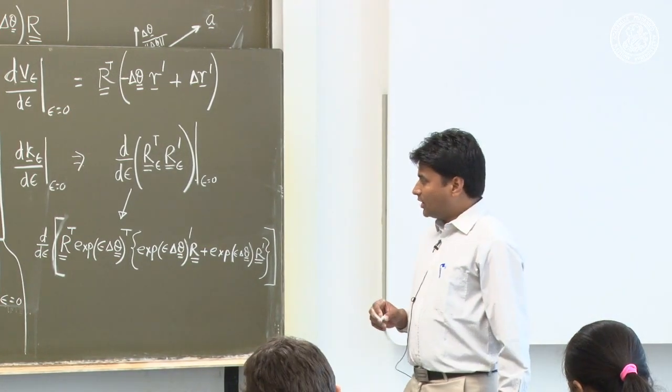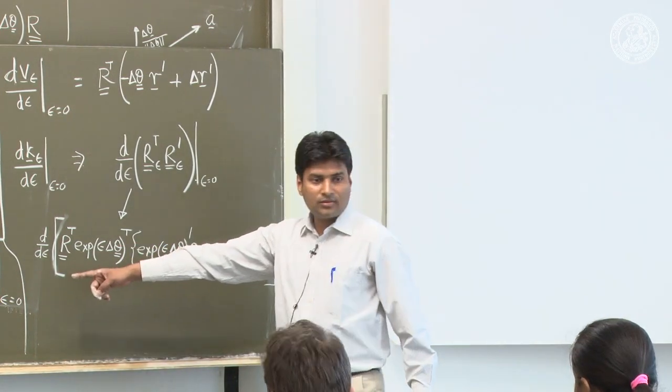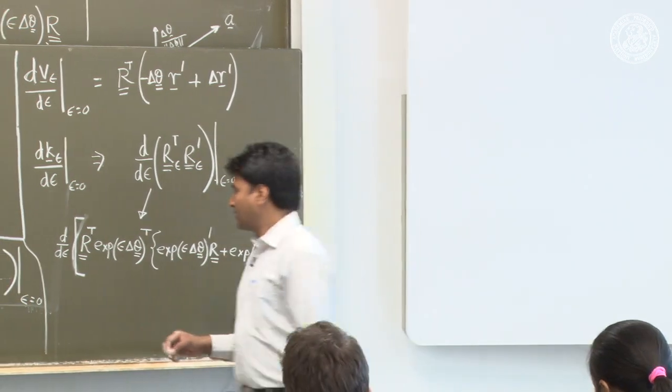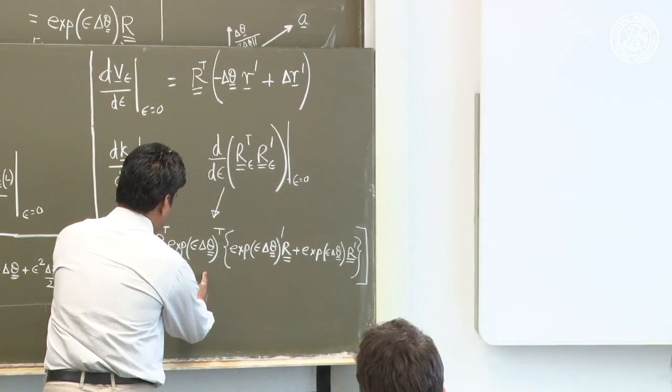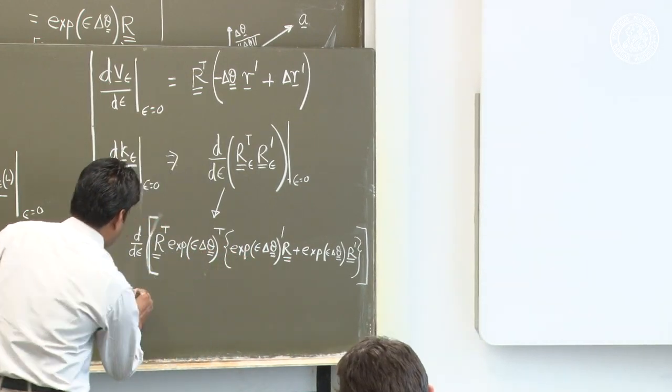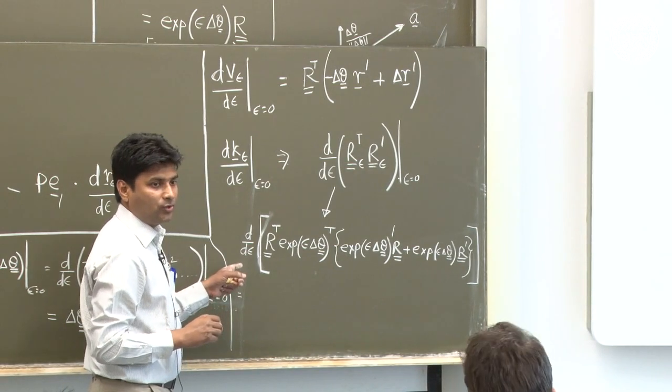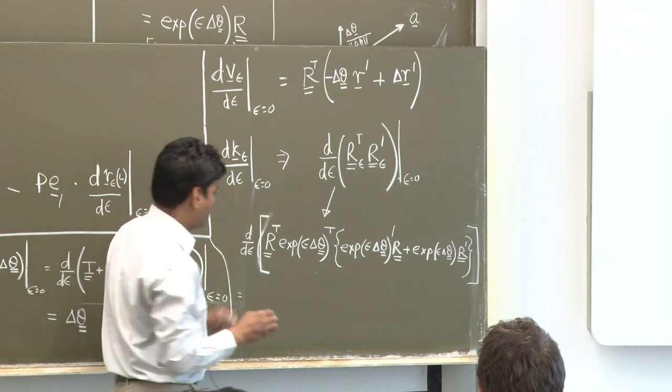All right, then we have to do d by d epsilon. So we are going to use product rule. So first work out this one, then that one. And remember, we have to evaluate at epsilon equal to 0. So that makes our life easy.